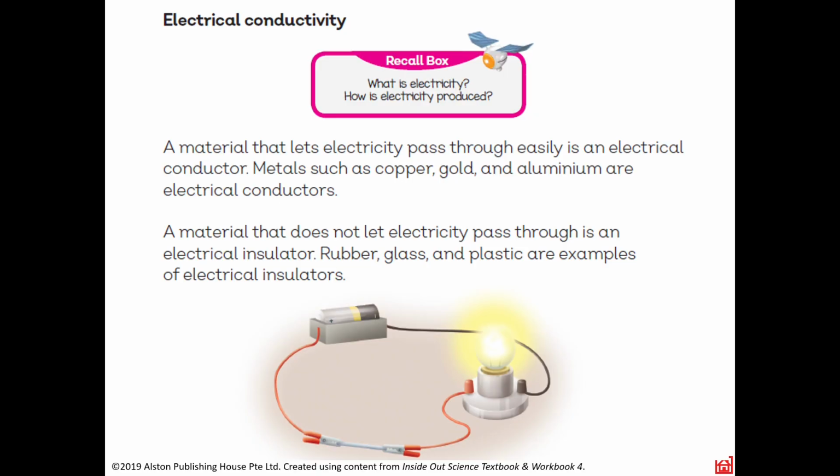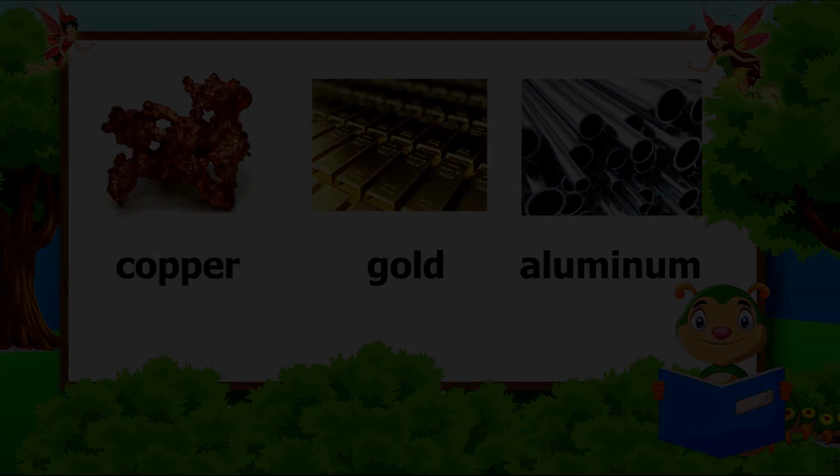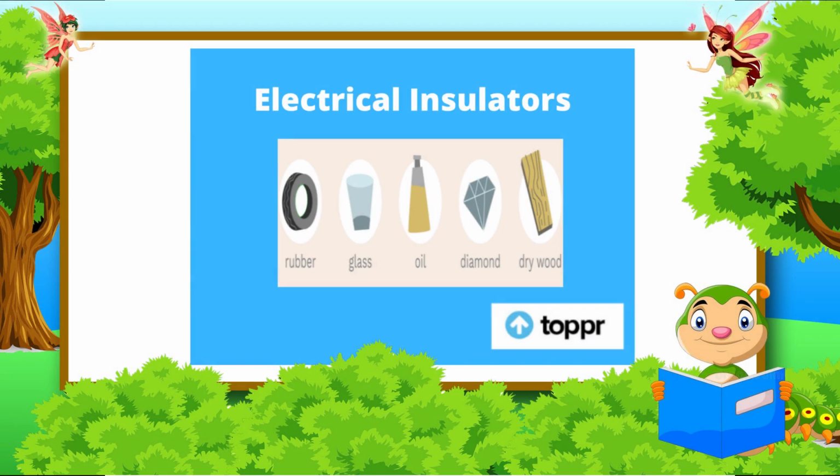Metals such as copper, gold, and aluminum are electrical conductors. A material that does not let electricity pass through is an example of an electrical insulator.